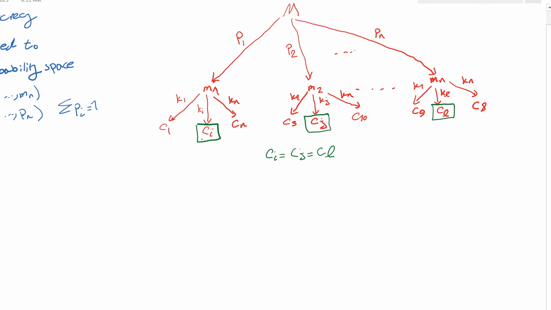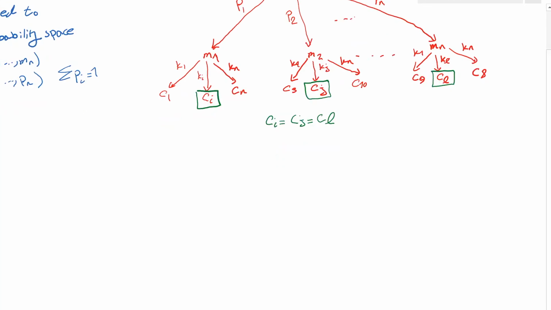So seeing the CI, it is possible that if I choose KI, it is the encryption of message 1. If I use key J, it is possible that it is the encryption of M2. And if I choose key KL, it is going to be the encryption of message N, right? So given this piece of information, we know that any message can get encrypted to this particular ciphertext, and that happens by the key that we chose.